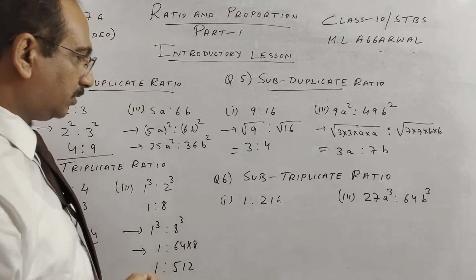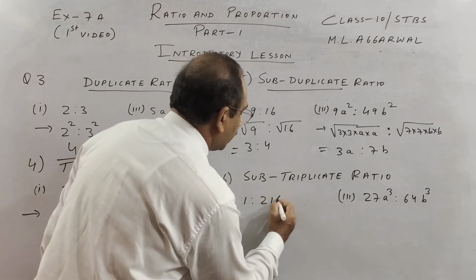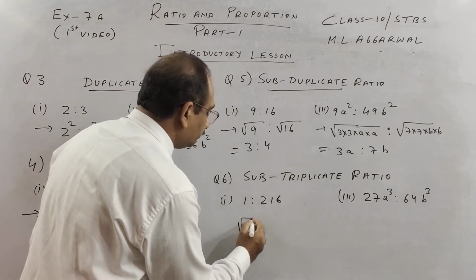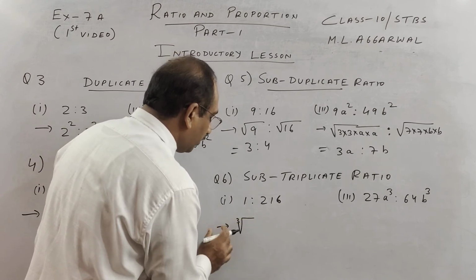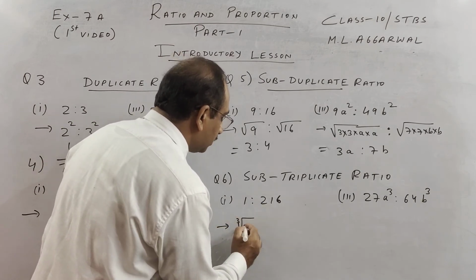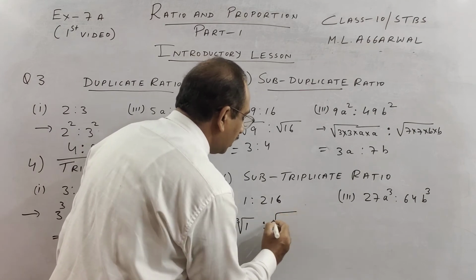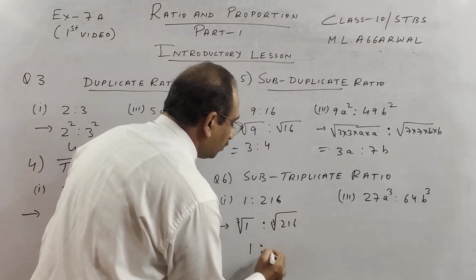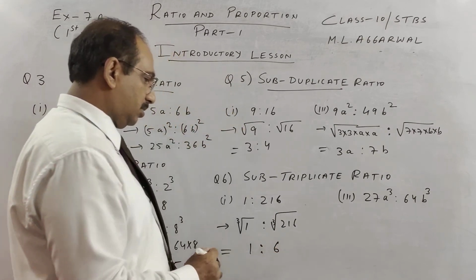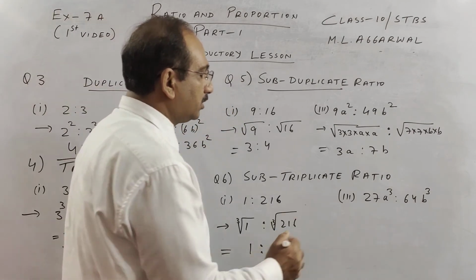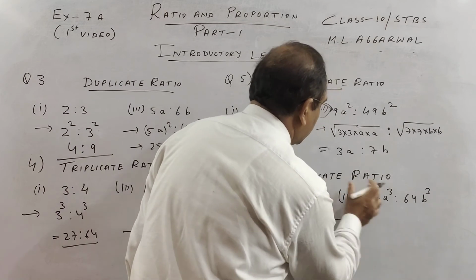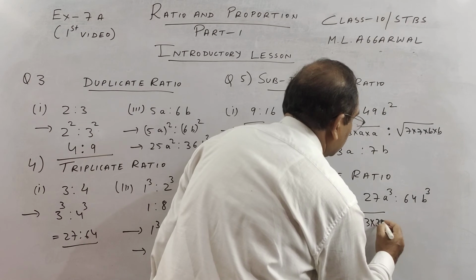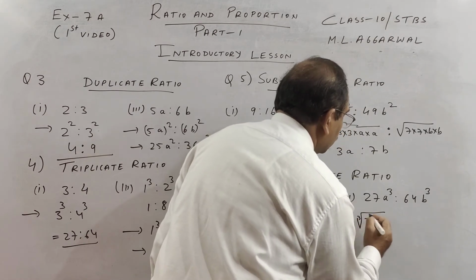Now we move on to the last question over here, which we called subtriplicate, means cube root. Subtriplicate, you write subtriplicate ratio of this is cube root of this and cube root of this. So cube root of this is 1 and cube root of this is 6. 6 6s are 36, 6 36s are 216. So next one, write subtriplicate ratio of this is 3 into 3 into, so cube root.